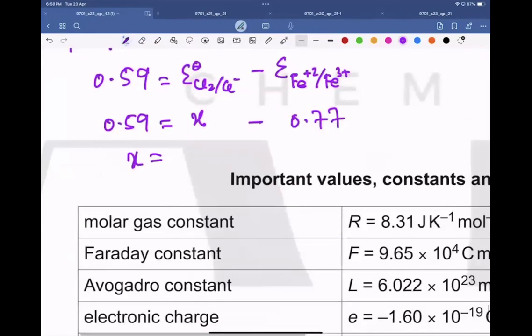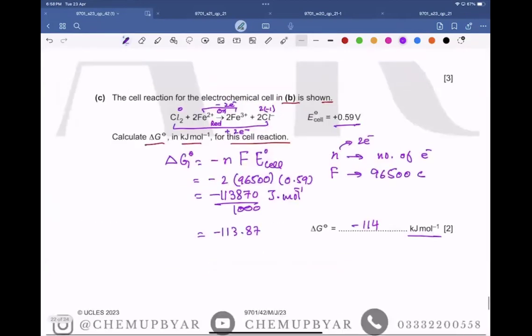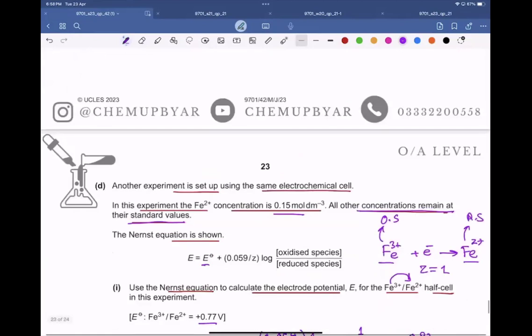So can anyone tell me the electrode potential value of chlorine over here? It is 0.59 minus 0.77. What is the answer? 0.59 is the E naught cell under standard conditions, as it is provided over here. And under standard conditions, we know the electrode potential of the half cell of iron as well.